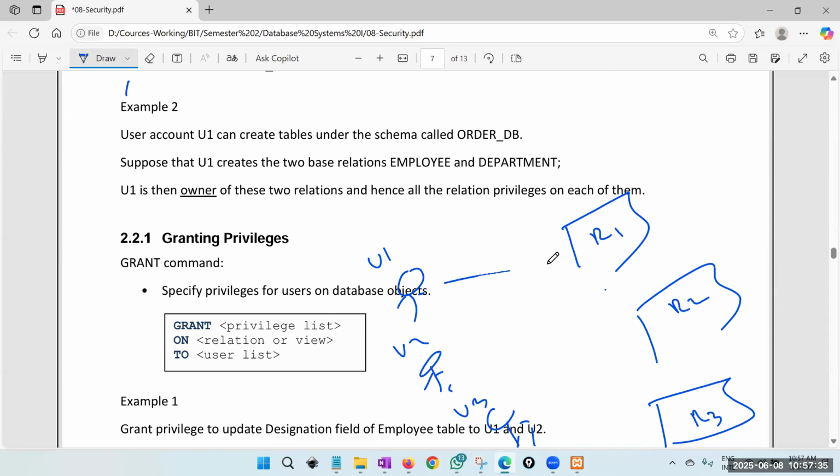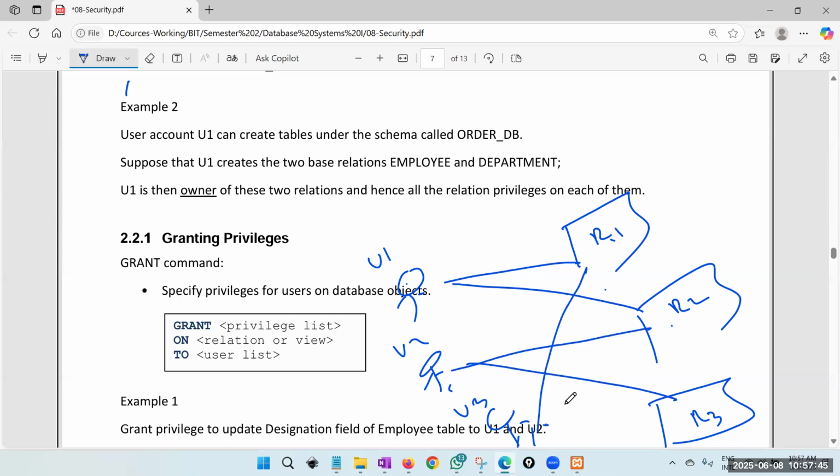So users are assigned privileges. So this user can access this table and this table. This user can access this and this. Maybe this user can access this and this, or all three. So this is called user-based authorization.